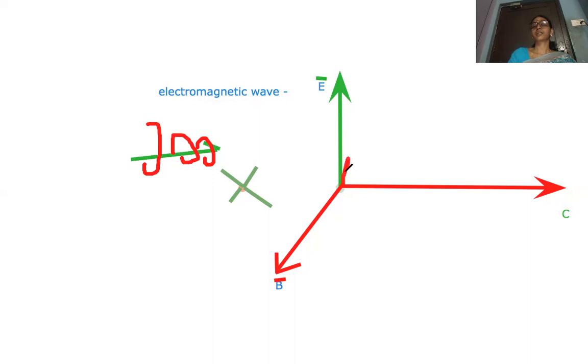With red color it has come. I'll just clear this with the eraser. We'll go with another color so that it appears very clear for us. We'll use blue color to show the wave.